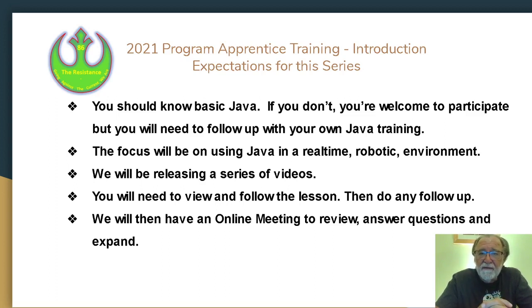It's usually just a matter of downloading some other piece or part that's missing and then reloading the FRC software. So don't panic if you run into a problem, just post and we'll find an answer. Or we'll have an online meeting after each one of these lessons and do follow-up in there. So if you have a problem, more than likely other people are having the same problem and we'll work through it at that point. So keep that in mind.